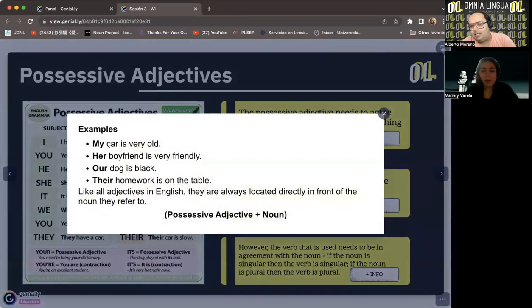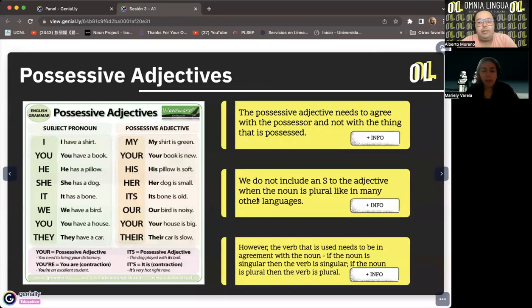For example, my car is very old, her boyfriend is very friendly, our dog is black, their homework is on the table. Then it says we do not include an s on the adjective when the noun is plural, like in many other languages. In Spanish, we add the s to the possessive adjective, but in English, we don't do it.